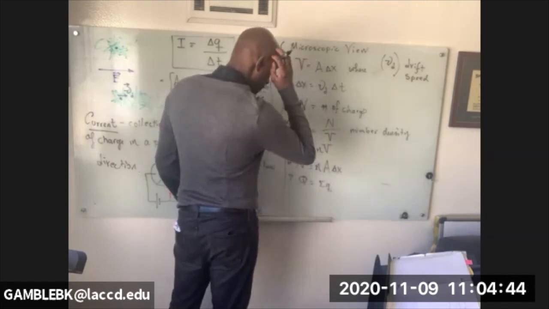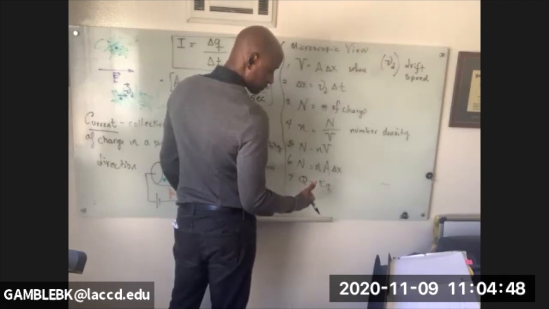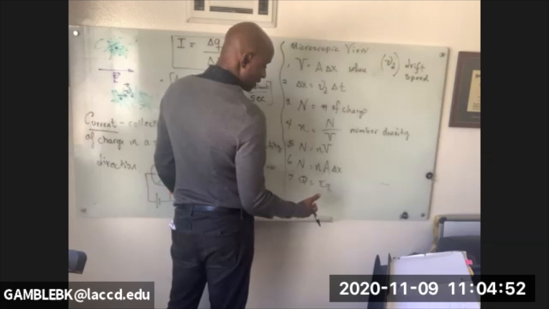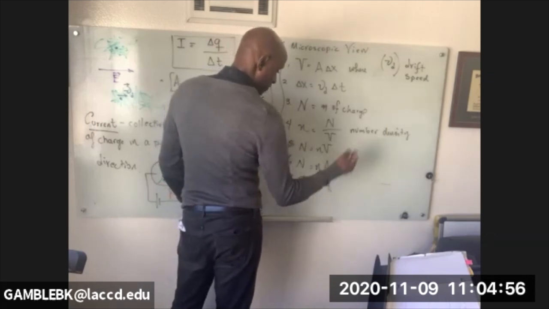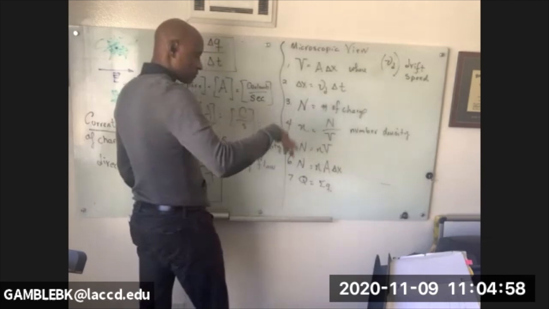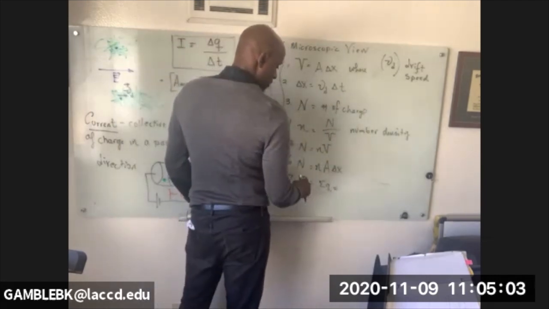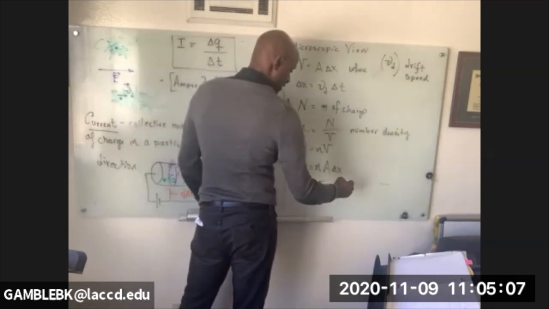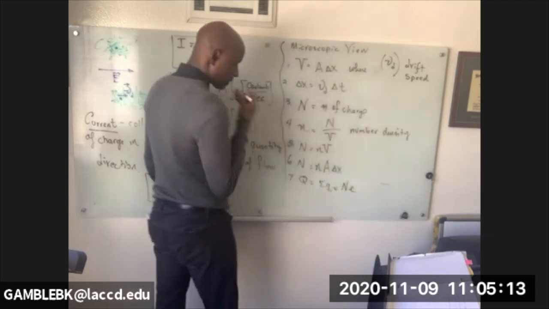Well, all the individual charges are just the total number of charges, and their values are E. So that's small e, the elemental unit of charge. So the total charge in the volume is equal to the number of charges times the value of each charge, E.